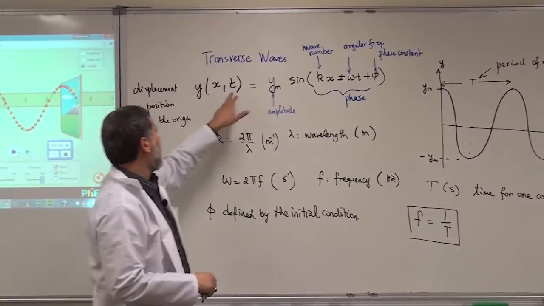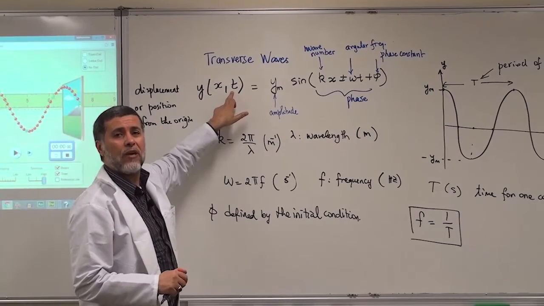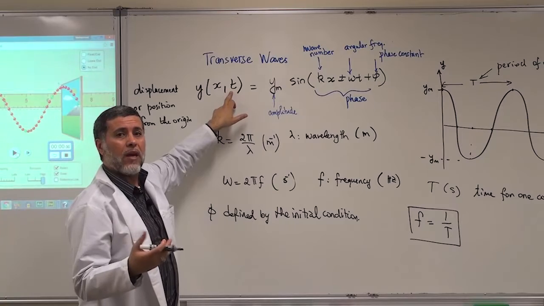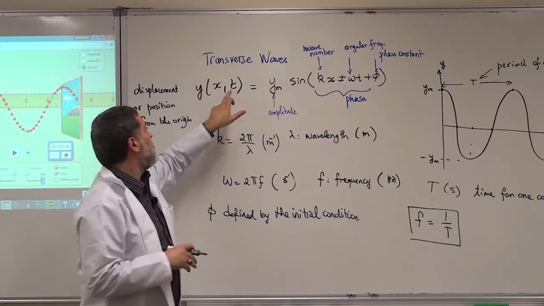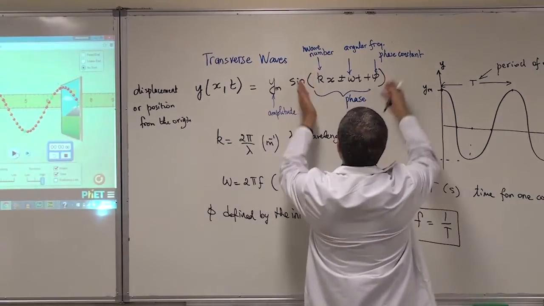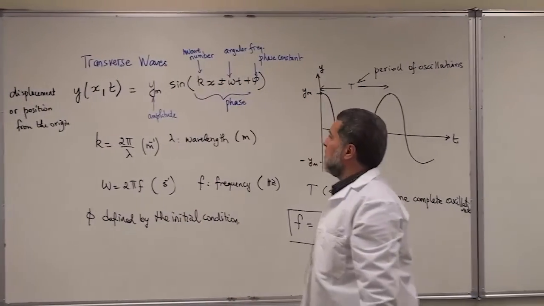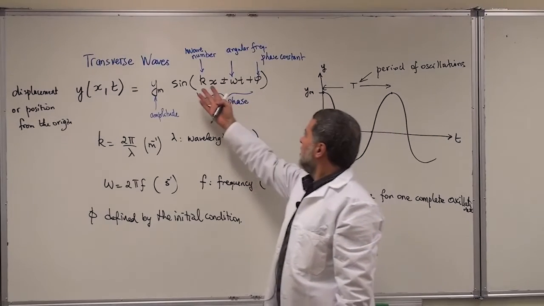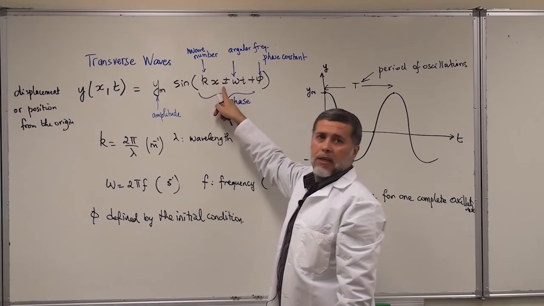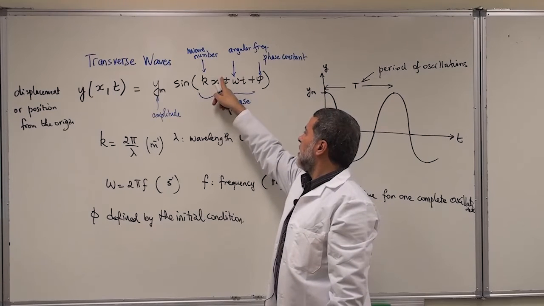This kind of wave, when you see the time here, we call traveling waves, and the form will be like this, as you can see here. It has kx plus or minus omega t. Of course, the plus or minus here has a meaning.